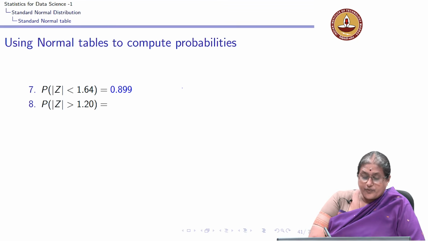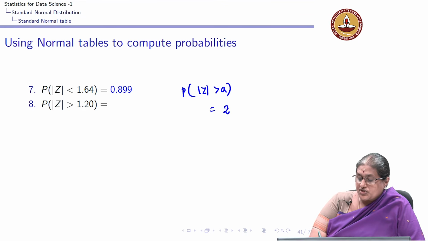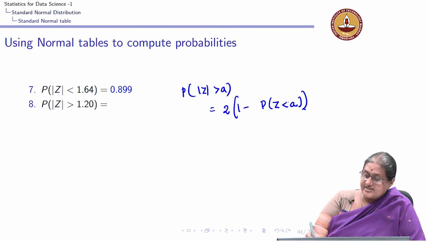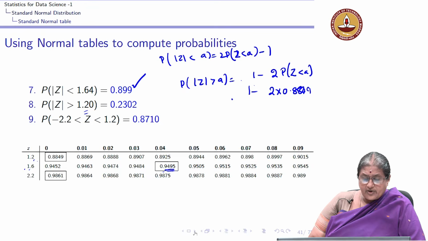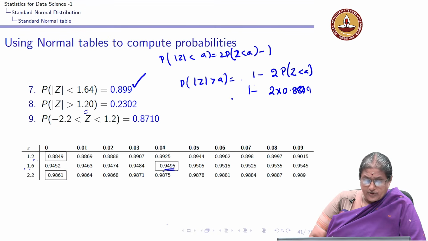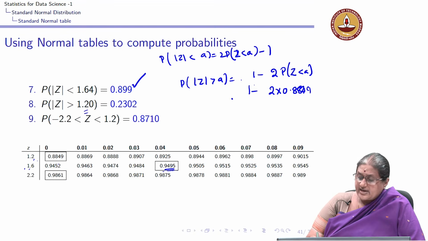So, for probability mod z is greater than a, I know this is 2 into 1 minus probability z is less than a. This is something which you have just established. So, 2 into probability z is less than 1.2 is 0.8849.